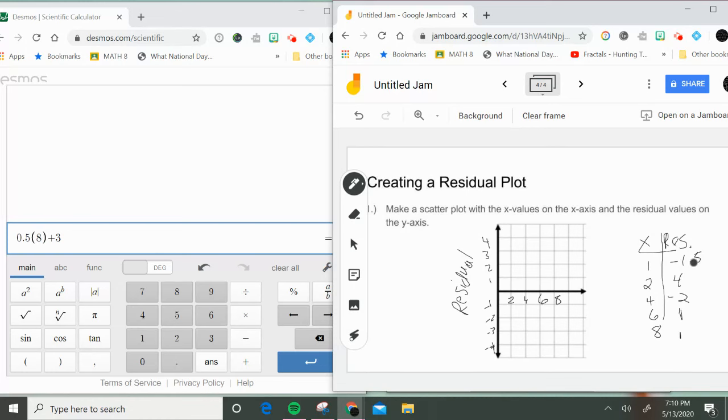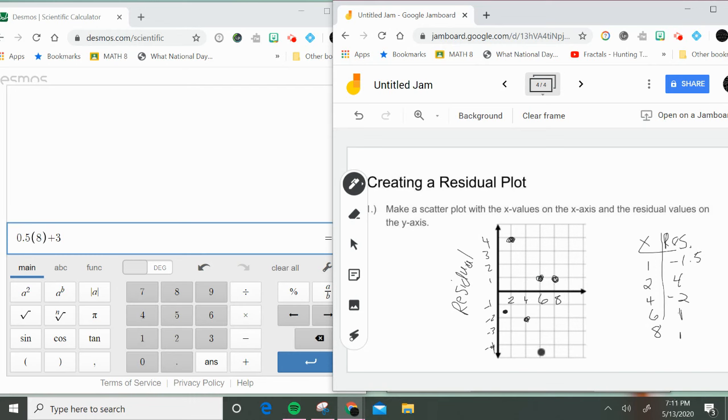So we're going to plot 1, -1.5, which is going to be right about there. Then 2, 4; 4, -2; 6, 1; 8, 1.